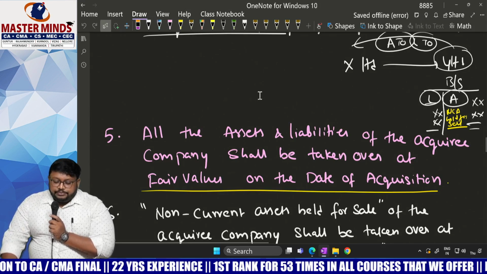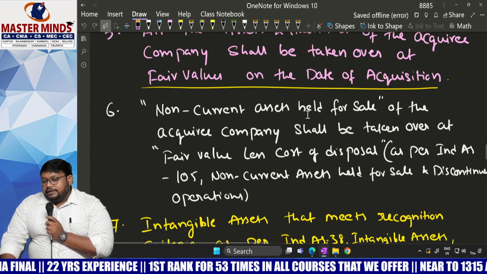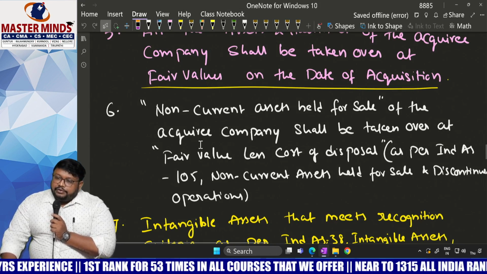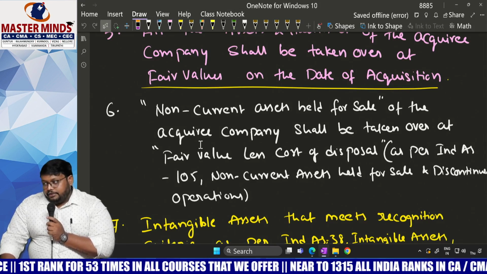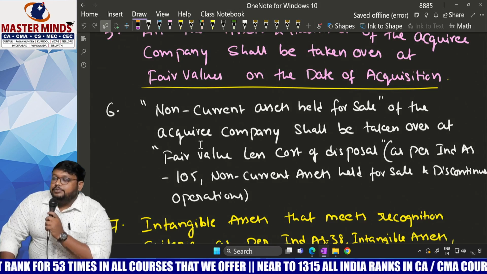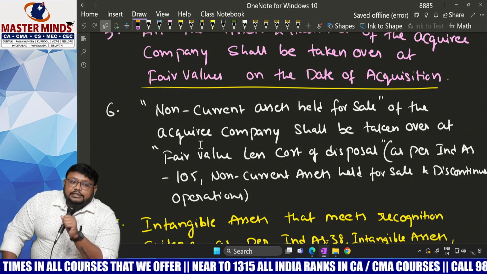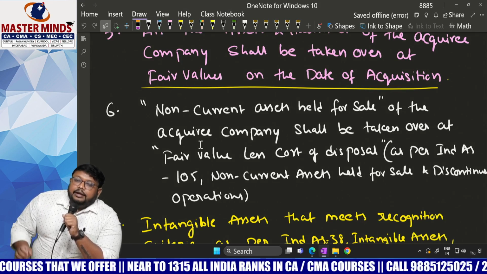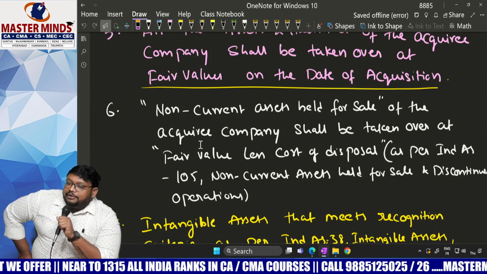While coming to any non-current assets held for sale, that will be recognized at fair value less cost of disposal according to Ind AS 105. So here it is an exceptional rule for recognition, because as per business combination, as per Ind AS 103, we recognize the assets and liabilities at fair value, not fair value less cost of disposal.